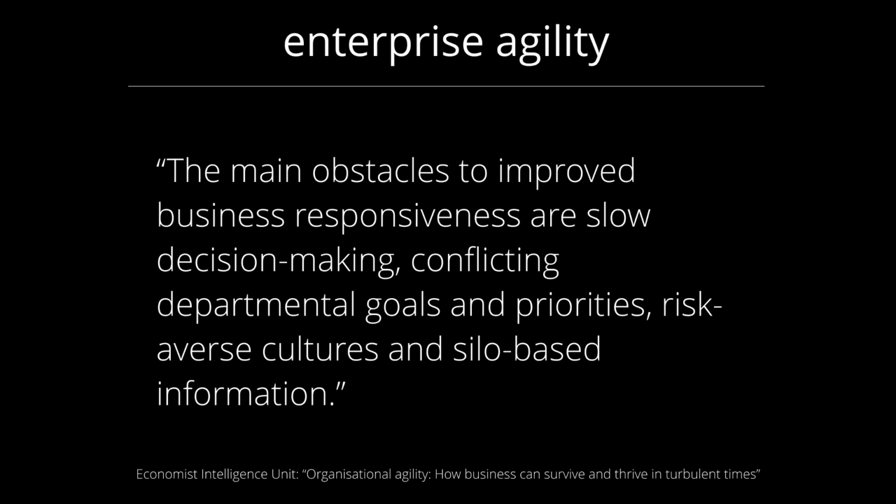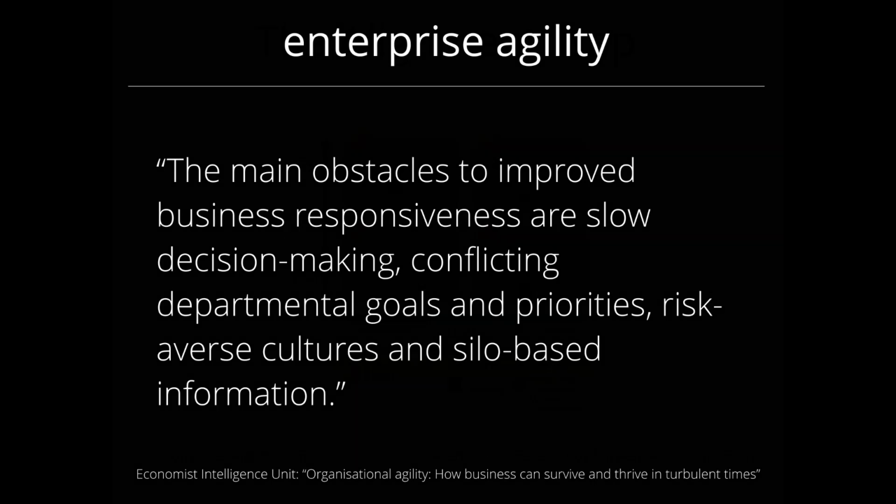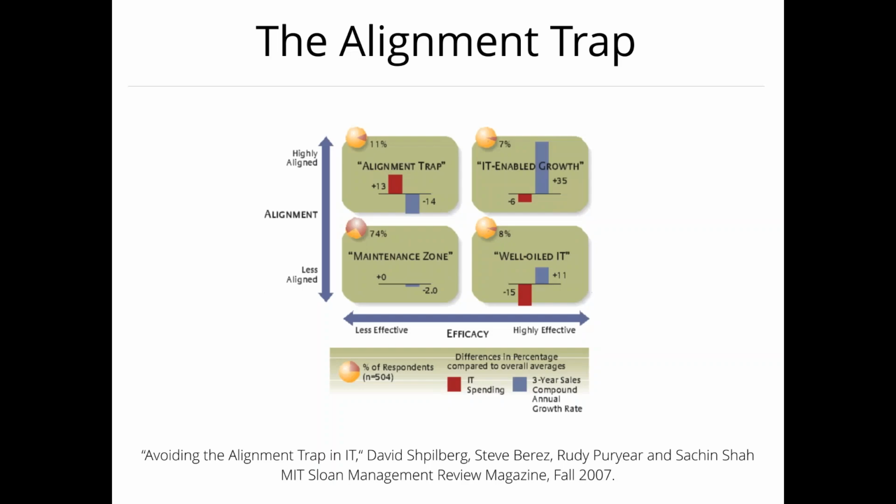I want to talk about a study from Sloan that was published in MIT Sloan Management Review, which talks about 2 methods to improve the effectiveness of IT. One is to pursue better alignment with the business, and the other is to pursue more efficiency, higher levels of performance.